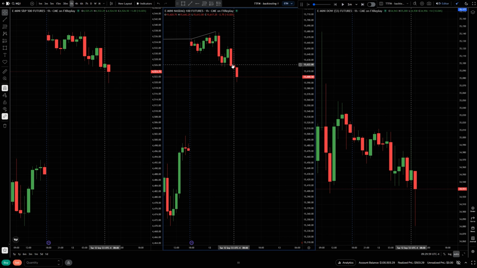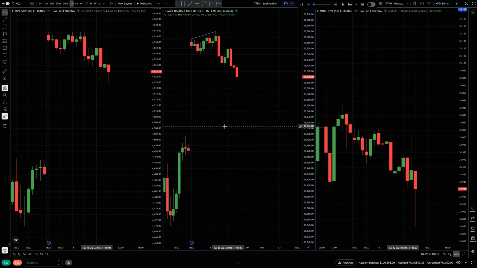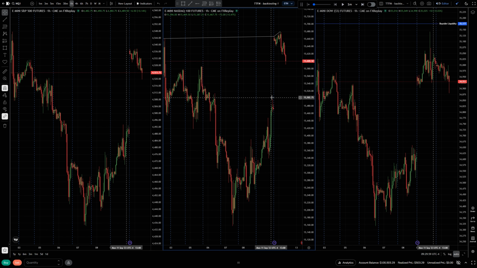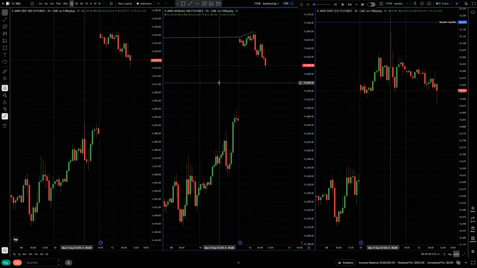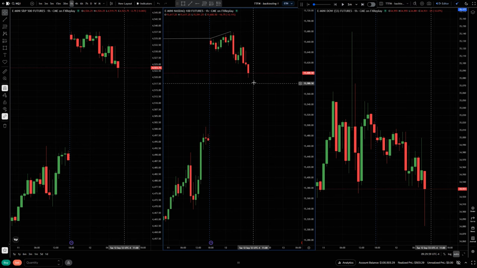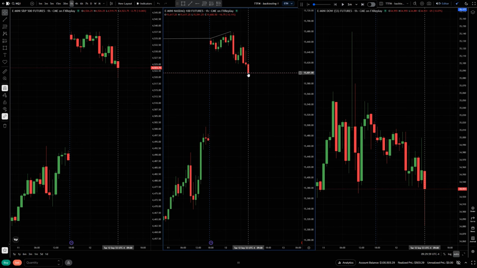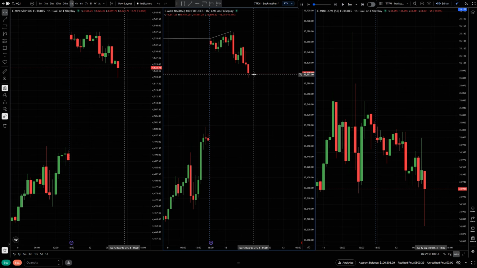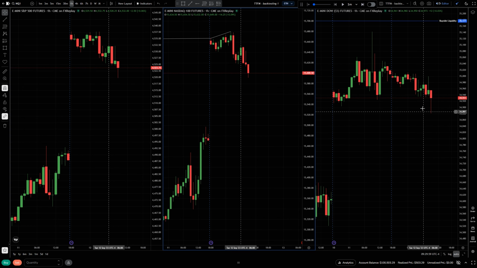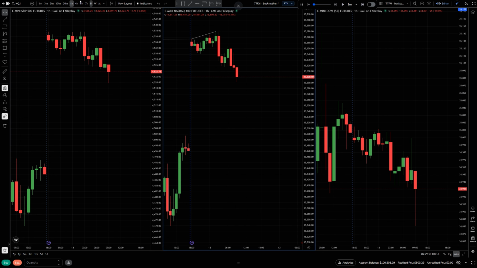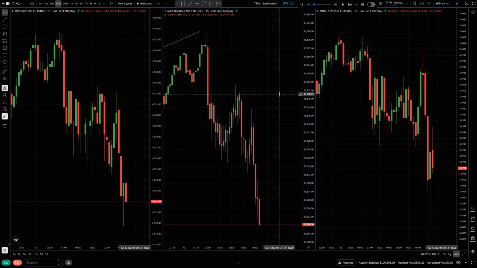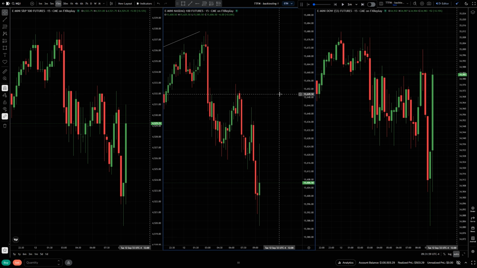I want to see if we get a move back up into this very short block to fill this huge gap that was left from the contract switch, or do we form SMT, PSV, something at the low of day to get up to these resting highs here on YM. I'm just gonna let the first 15 minutes play out and we'll go from there.